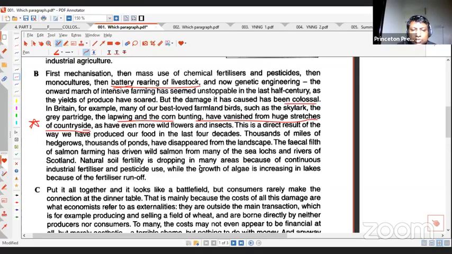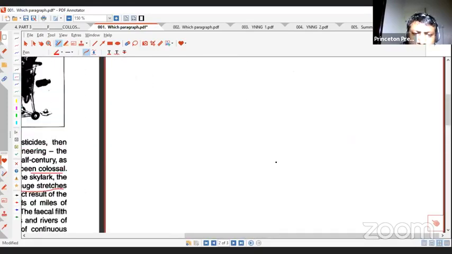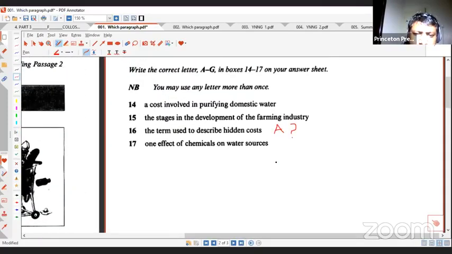Natural soil fertility is dropping in many areas because of continuous industrial fertilizer and pesticide use, while the growth of algae is increasing in lakes because of the fertilizer runoff. So they have described the damage done. Do we have anything like that?